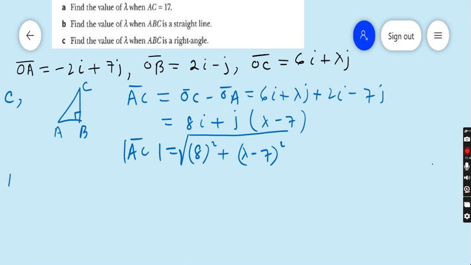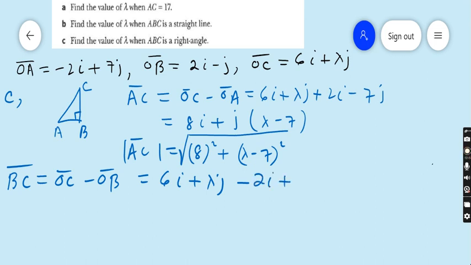So AC work has finished. Now I am going to find out the vector BC. So it is OC minus OB. What is OC? 6i plus lambda j, minus. What is OB? 2i minus j, so minus minus plus j. 6 minus 2 is 4i, taking j common from the j term, it is lambda plus 1.